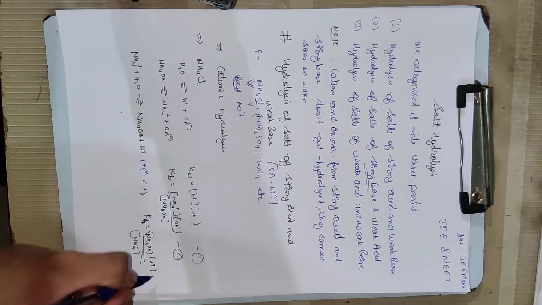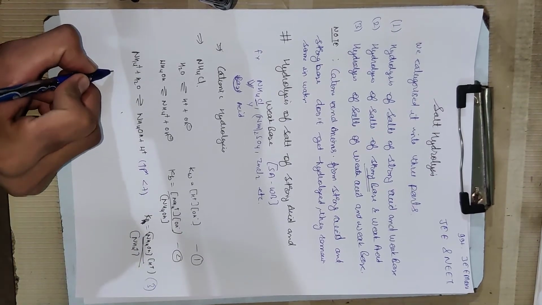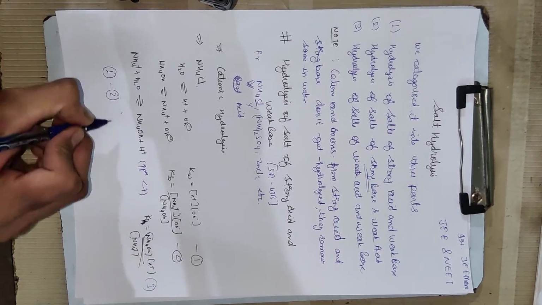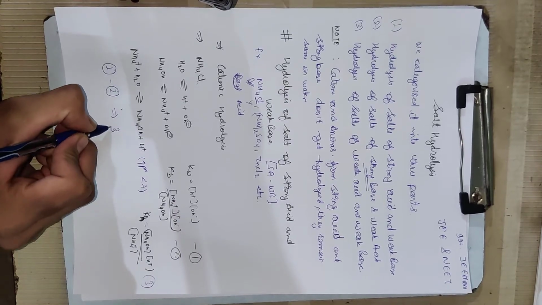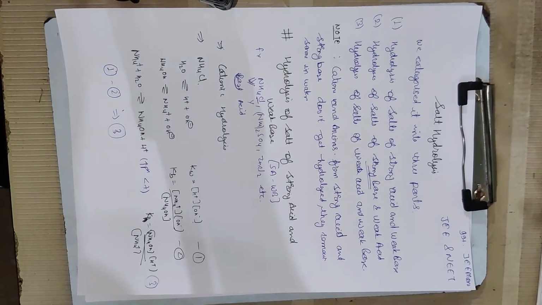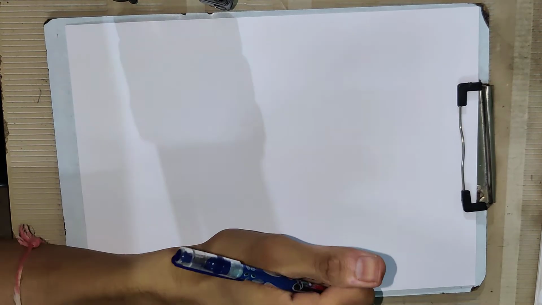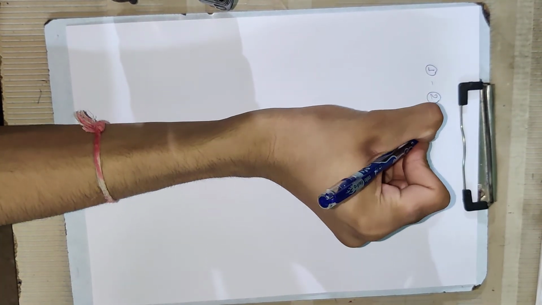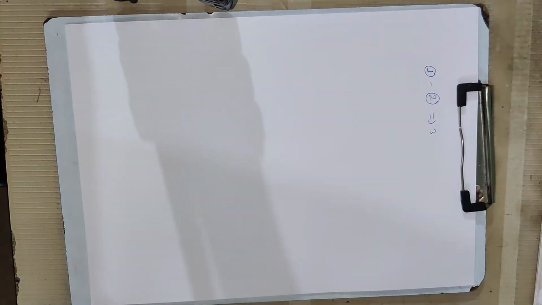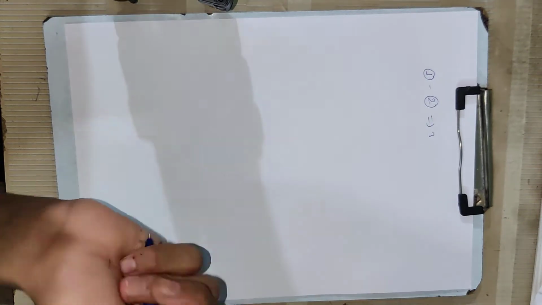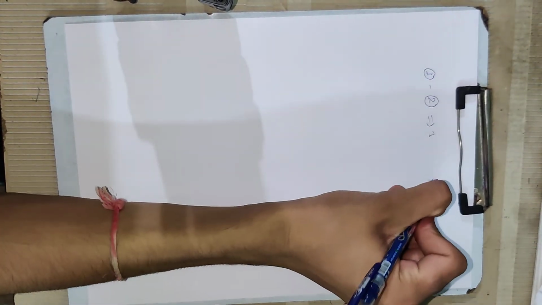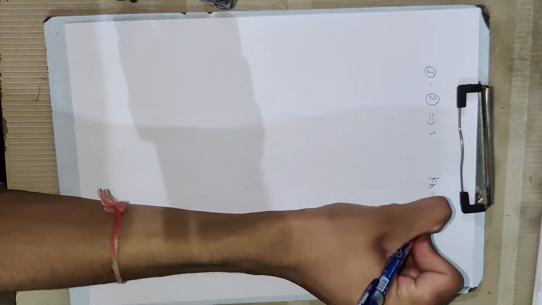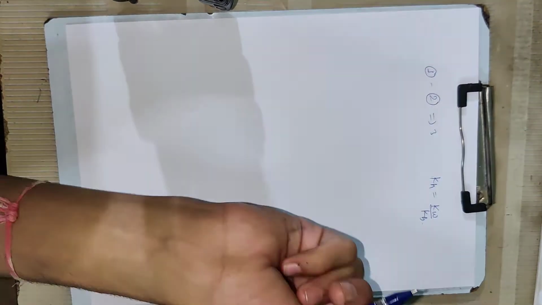Now for getting equation number 3, we will subtract equation number 2 from equation number 1. And you know that equilibrium constants get divided when we subtract equations. So Kh equals Kw upon Kb. How will you get to know about this?